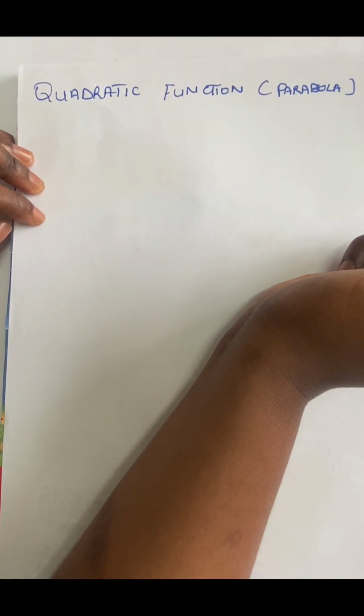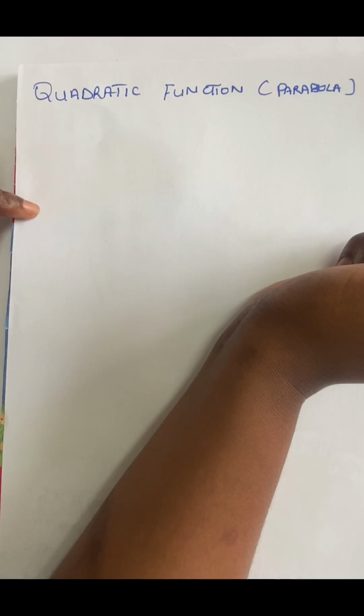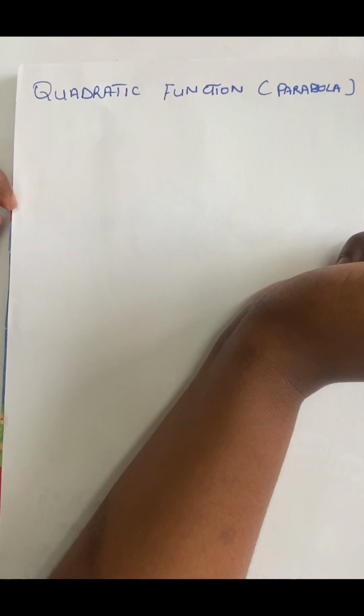Remember, I said in the previous video that a function is when there is an x value, there is also one y value. If you have two y values, it means that that is not really a function.